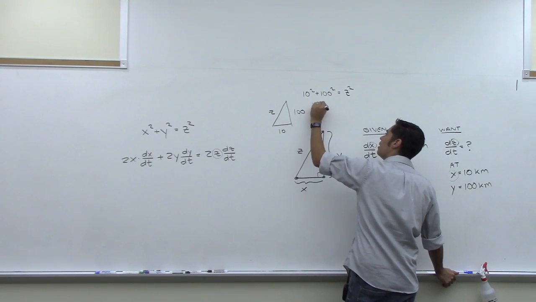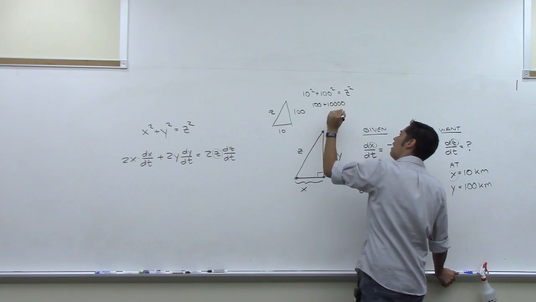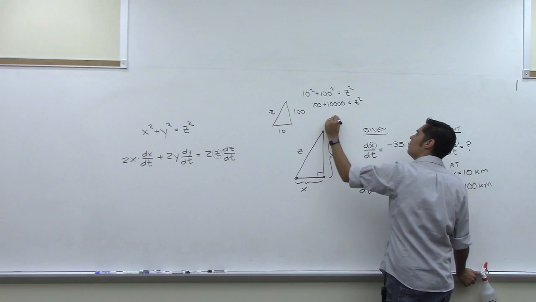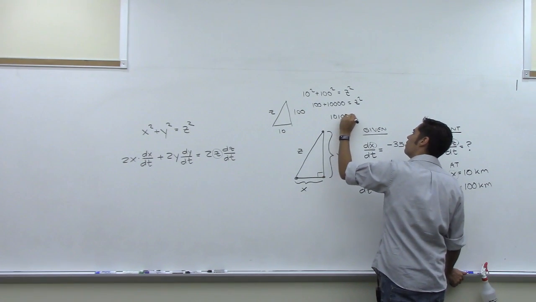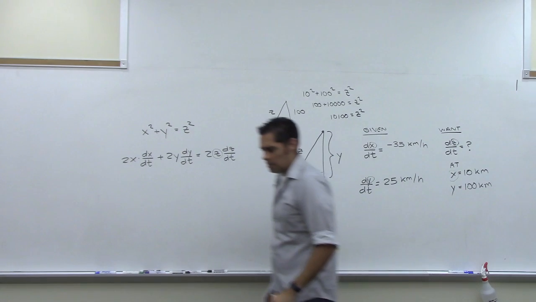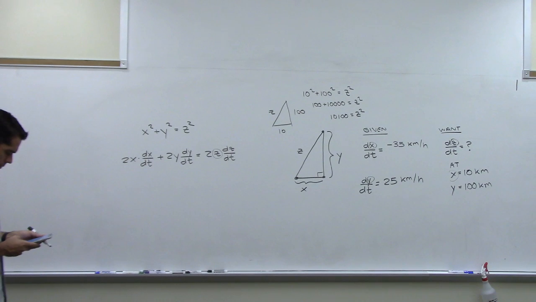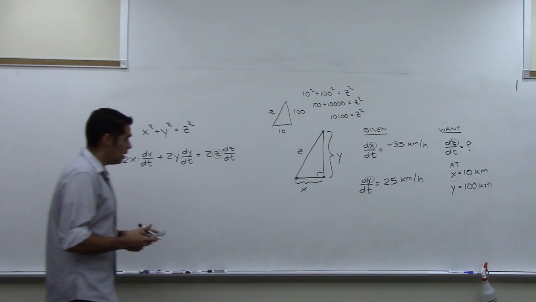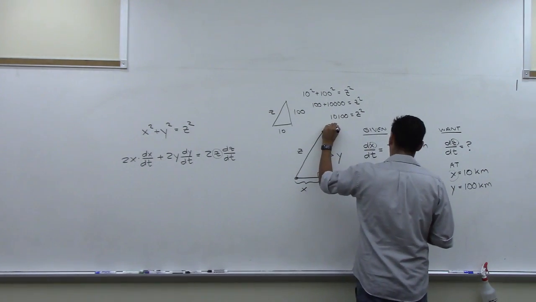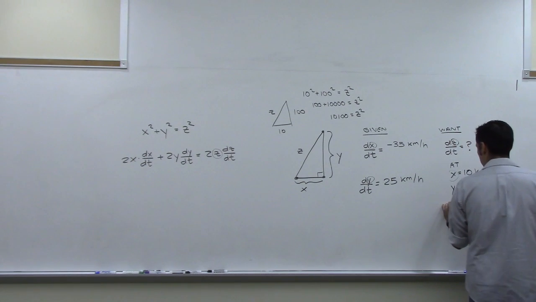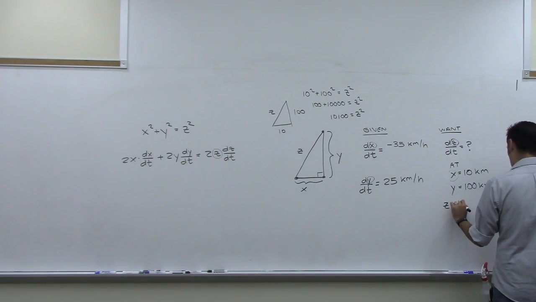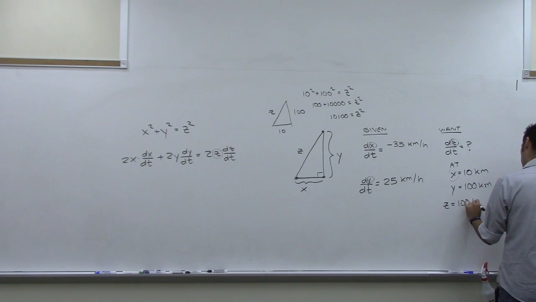So 100 plus 10,000 equals z squared. So 10,100 equals z squared. And I'll take the square root on my phone. The square root of 10,100. So z is equal to 100.498.